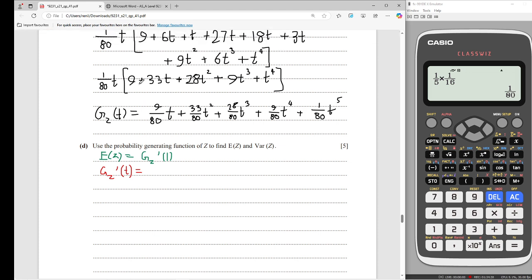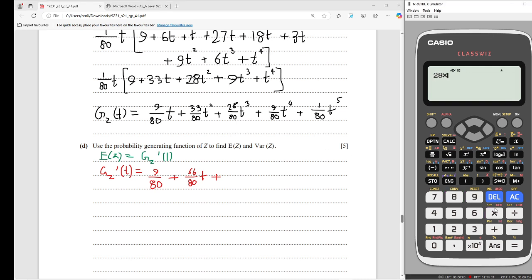So yeah, when differentiating, we get this stays as 9 by 80, so 9 by 80 plus 66 over 80, t, plus 28 times 3.